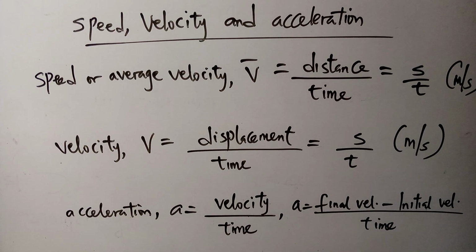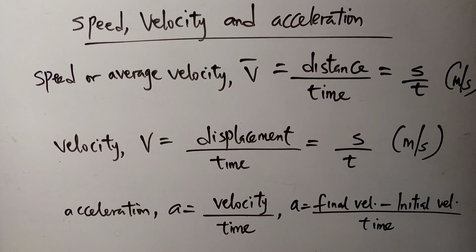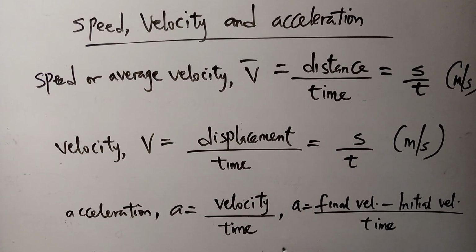So any of these formulas can be used when looking for acceleration. This can also be written as a equal to v minus u divided by time. So any of these formulas can be used to calculate your speed, velocity, and acceleration.